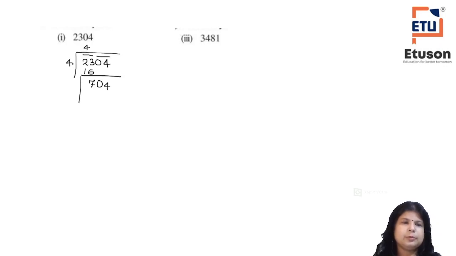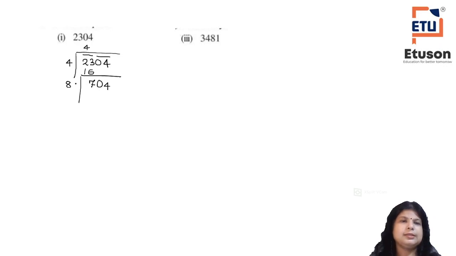Now here it will be 4 plus 4, or 4 into 2, is equal to 8. Then you take 8, and the number which you are going to take now, after putting it here you have to multiply so that the product will be less than or equal to 704.